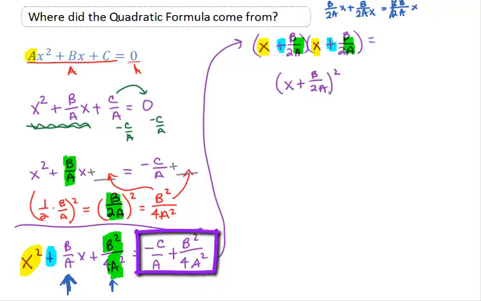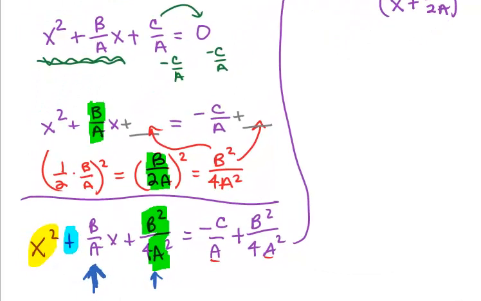On the right, I need to combine these fractions by giving myself a common denominator. I do have one a in common, which is wonderful, but then I also need to fill in my other missing pieces, and this one has a 4 and a second a. So I'm going to multiply my first fraction by 4a over 4a.